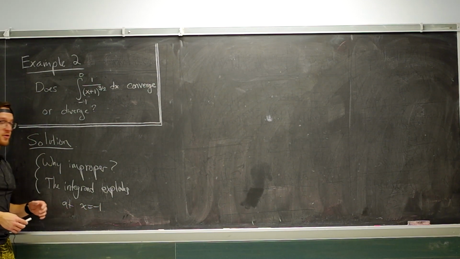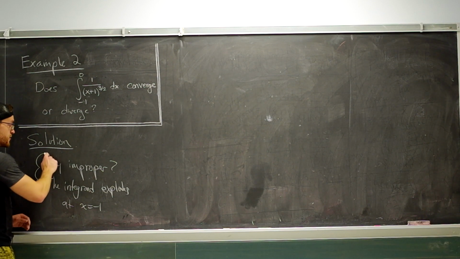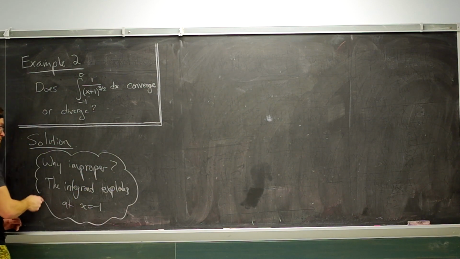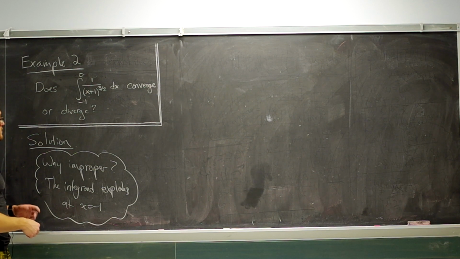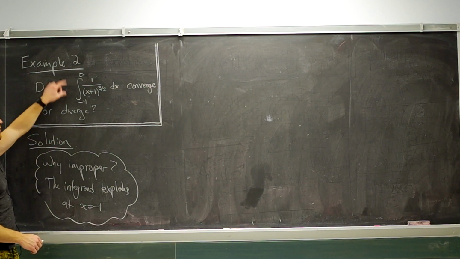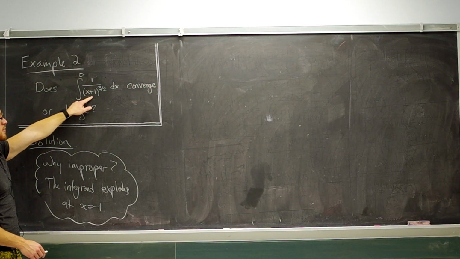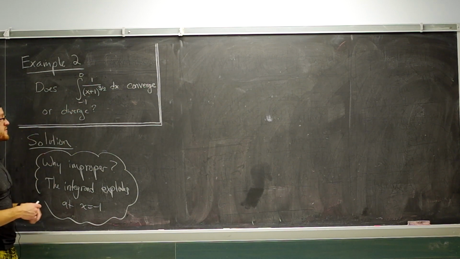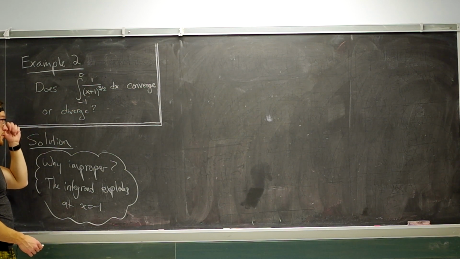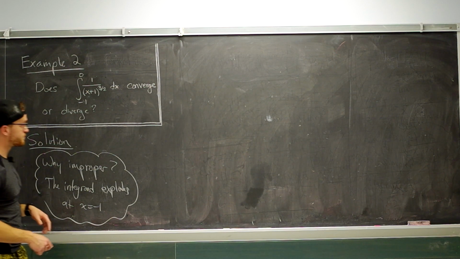In other words, there's a vertical asymptote, and that's bad news. Okay. Now, is there any other reason why it's improper? I would say no. We're not going off to infinity, and the only way for the denominator to be 0 here is when x is -1. So this is the only reason why this is improper.